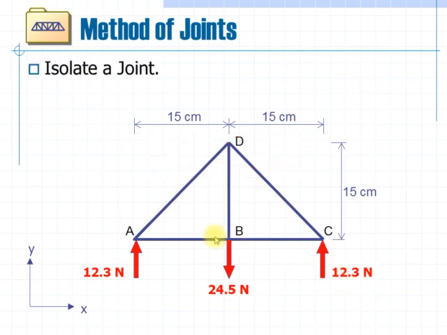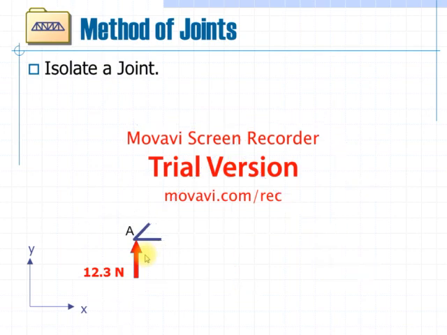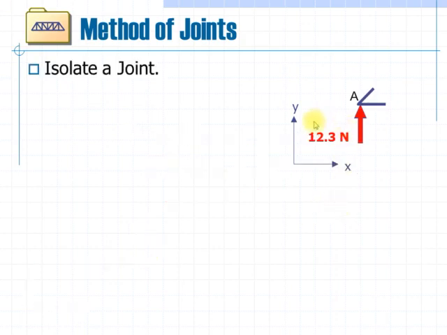Now consider first joint A, which is also called isolating a joint. We take joint A to analyze the truss. At joint A, the known reaction or known force is 12.3 Newton and the unknown forces are these two.